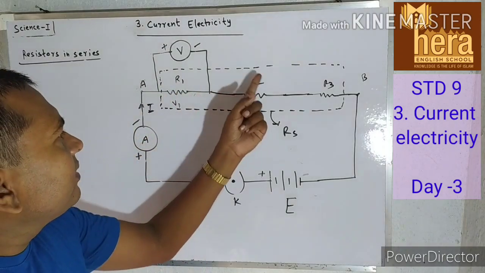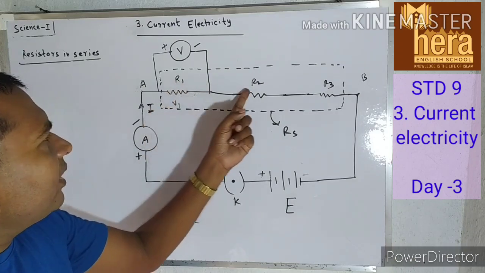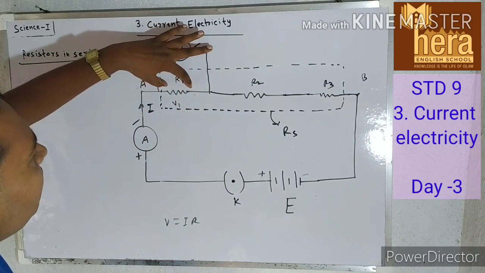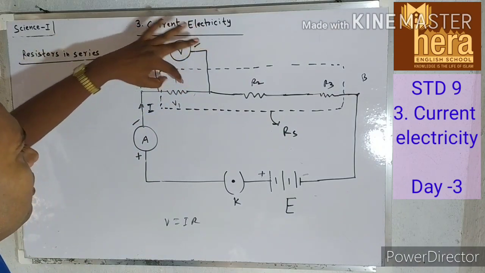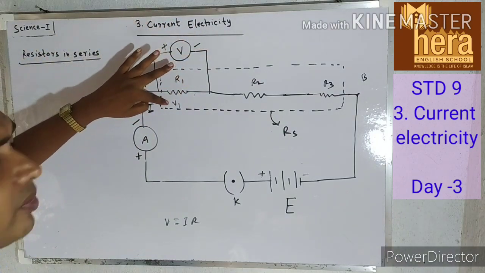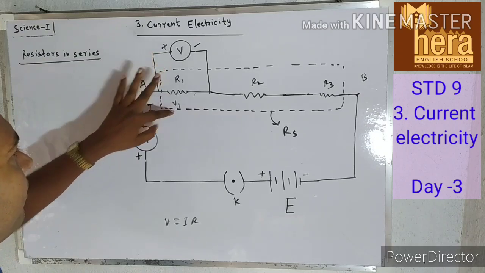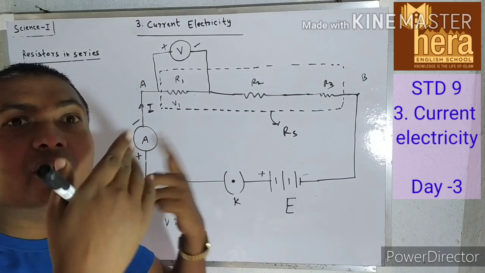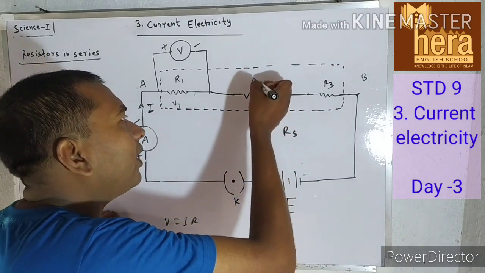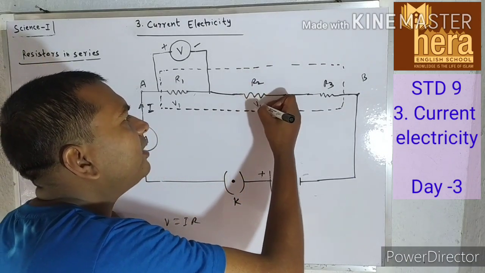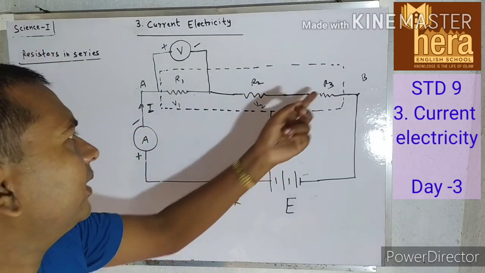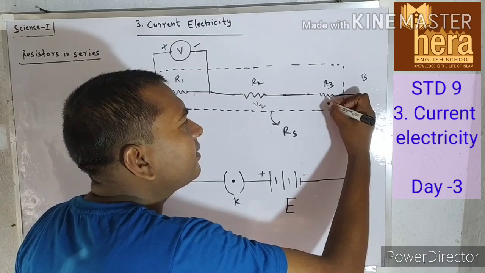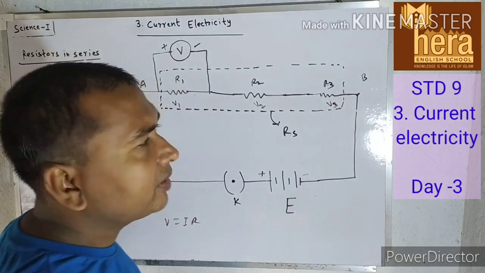Similarly, since R1, R2, R3 are different, the potential drop across resistance R1 can be assumed to be V1, the potential drop across R2 be say V2, and similarly the potential drop across R3 say V3.